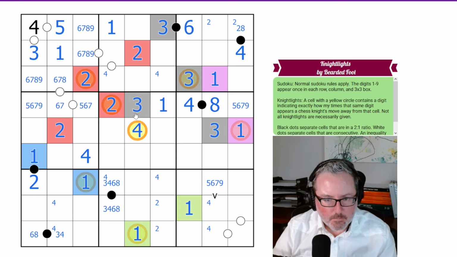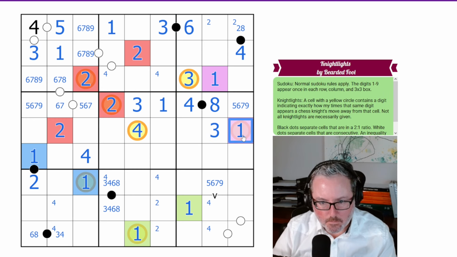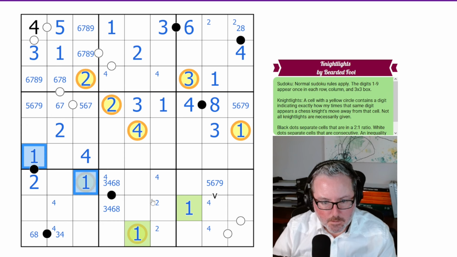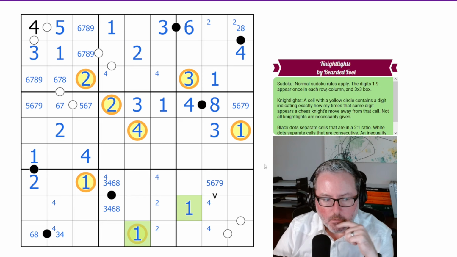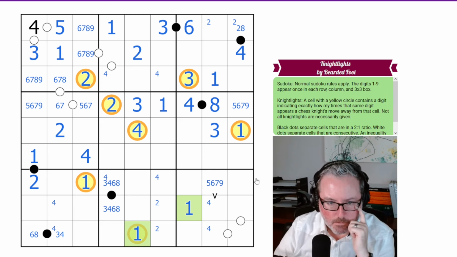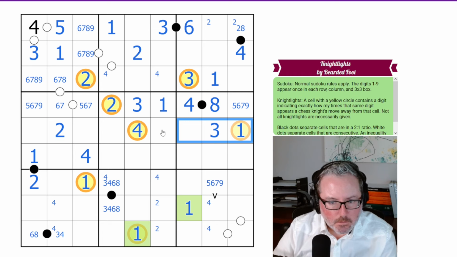I think I can get rid of my coloring because it might be messing with my head a little bit. Sometimes when there's too much on the screen, it's harder to focus on what I need to focus on. I don't know that that's necessarily the case here, but we're going to take a stab at it.